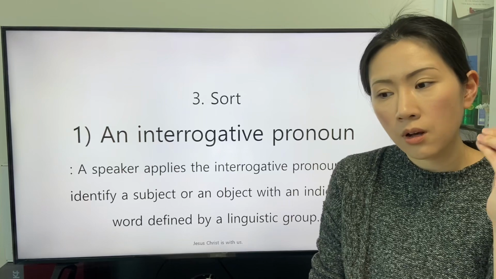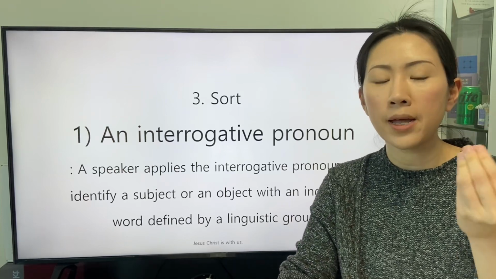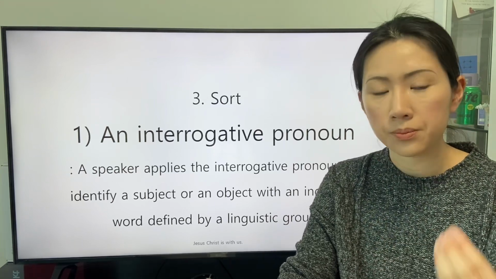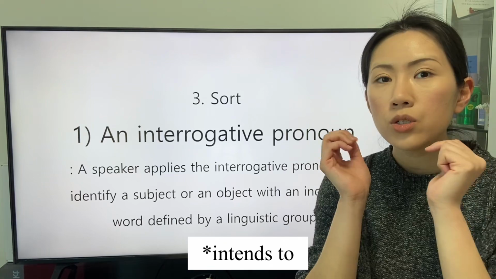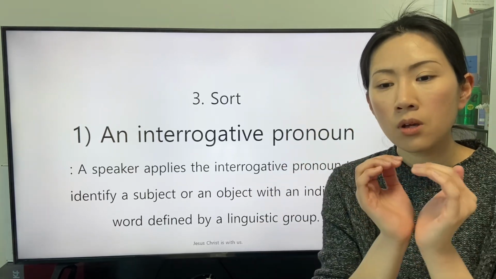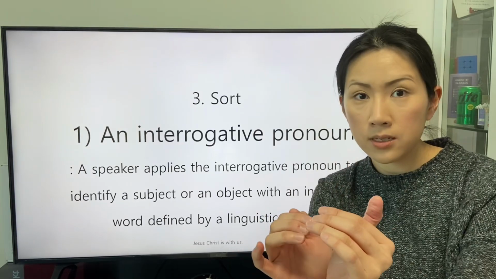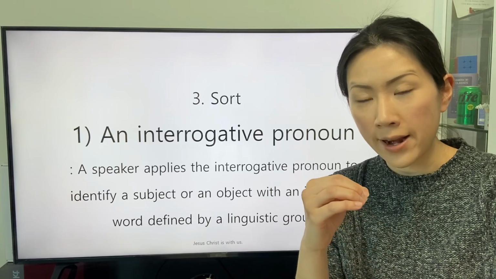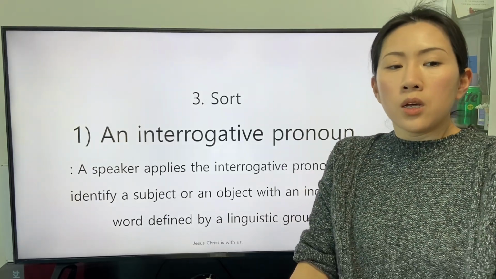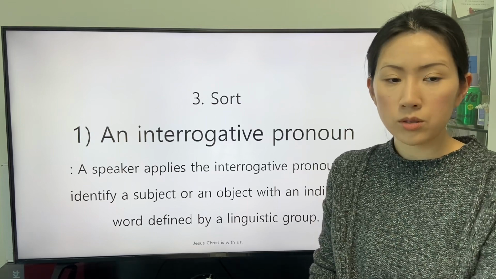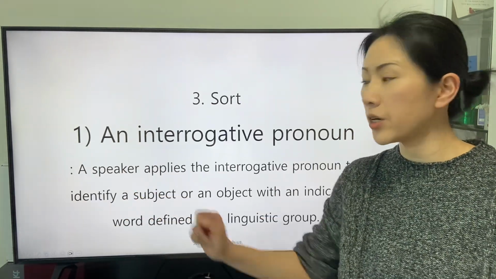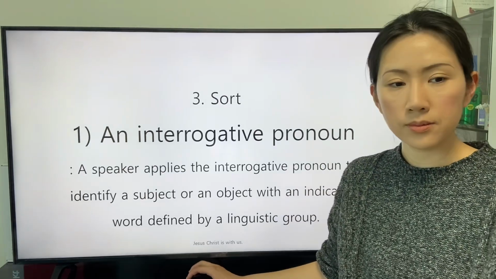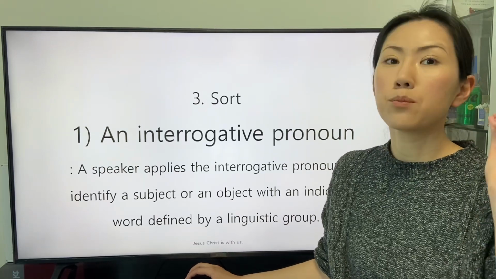In this point of view, the speaker who applies the interrogative pronoun in the interrogative clause identifies a subject or an object that the listeners are assumed to identify. So we can understand that the speaker intends to identify the subject or the object with the interrogative pronoun.